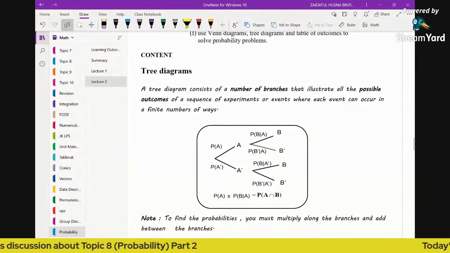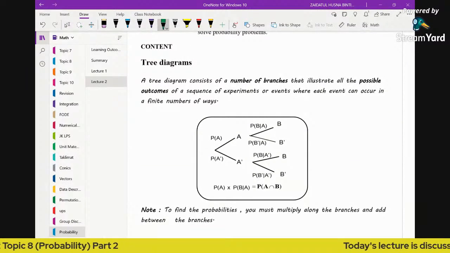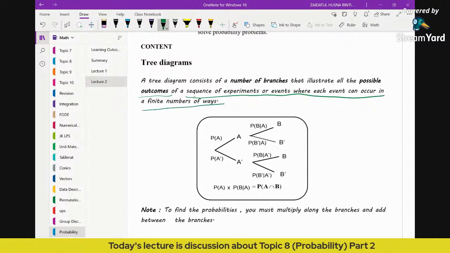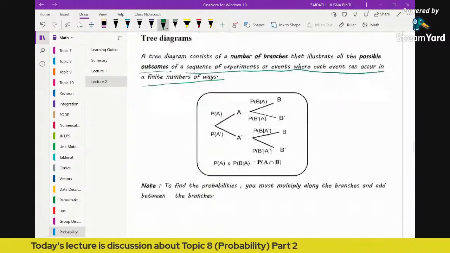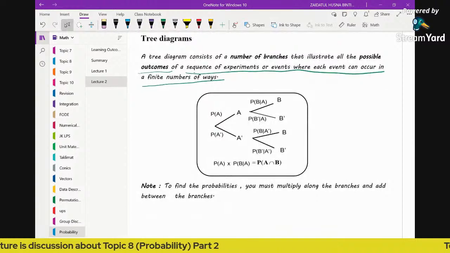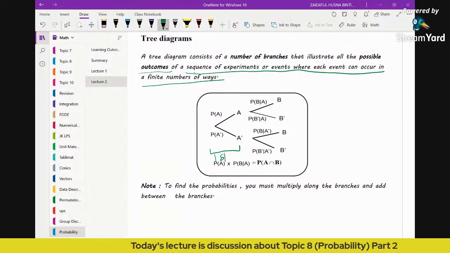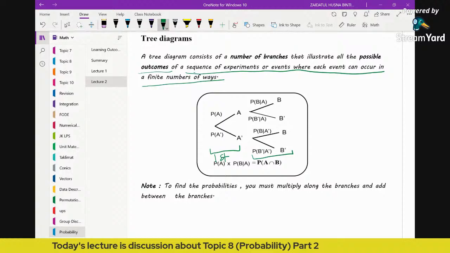So tree diagram. So tree diagram consists of a number of branches that illustrate all the possible outcomes of a sequence of experiments or events where each event can occur in a finite numbers of ways. The tree diagrams here tell you about the two events here. So let's say here you have the first event A. So this is first event and this is second event.